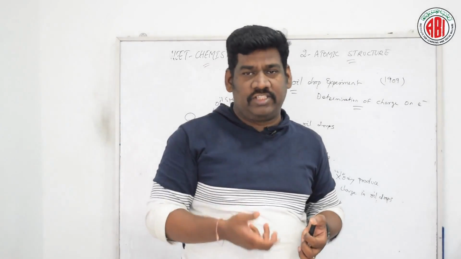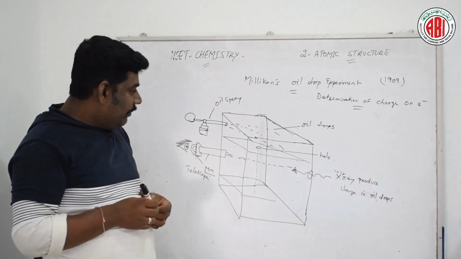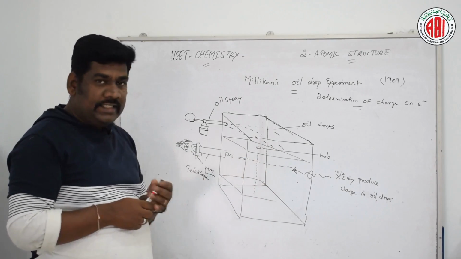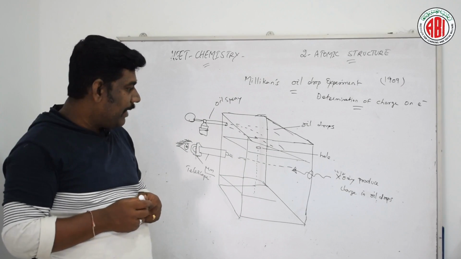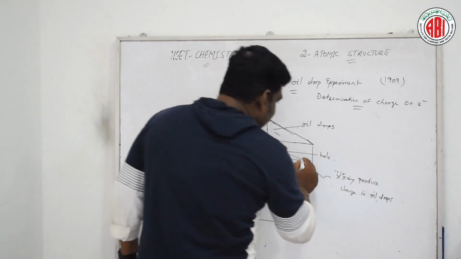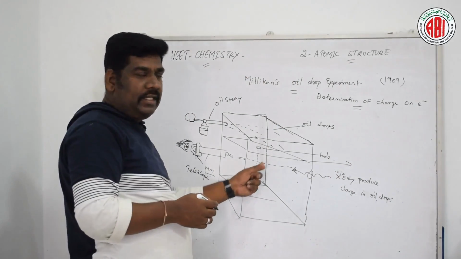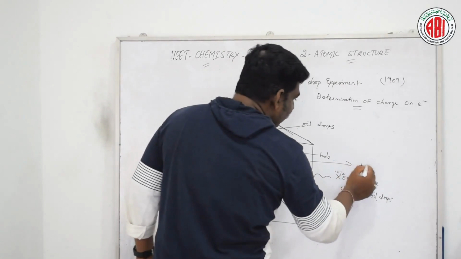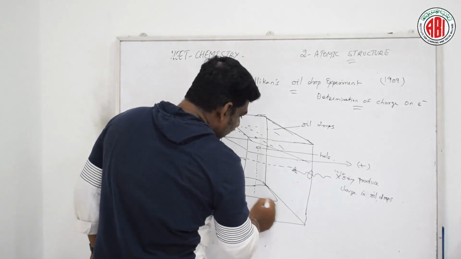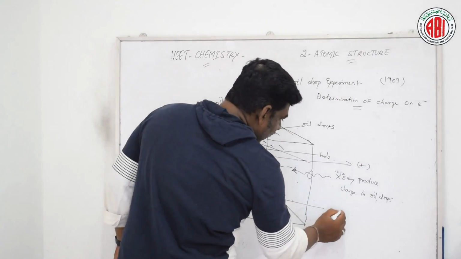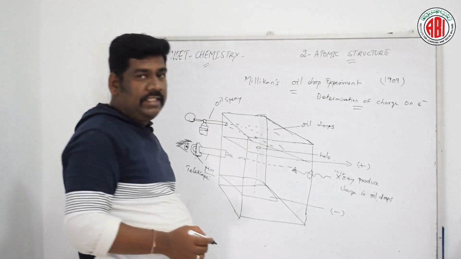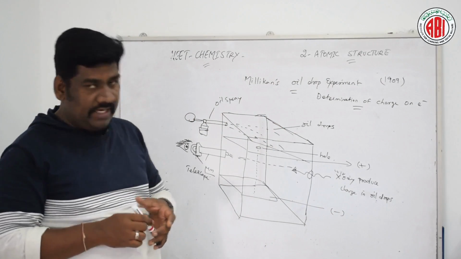Now you see, by charging these two plates placed inside this apparatus, the upper plate acts as the positive electrode, and the lower plate, charged by electricity, acts as the negative electrode.